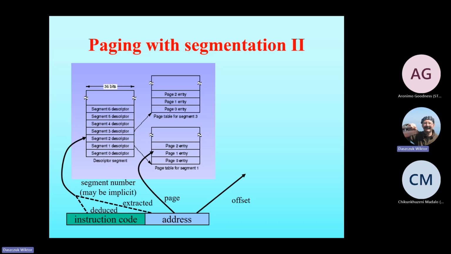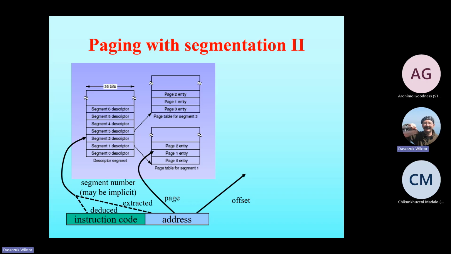Of course, the pages are of fixed size. In Multics, the segment number is a part of the address. So the address has three parts. We will discuss it later. Segment number, page number, and offset.